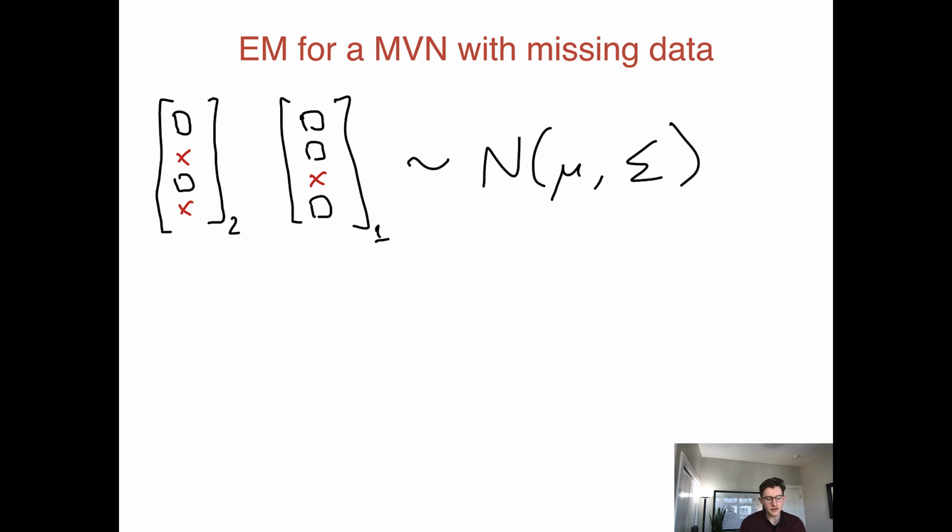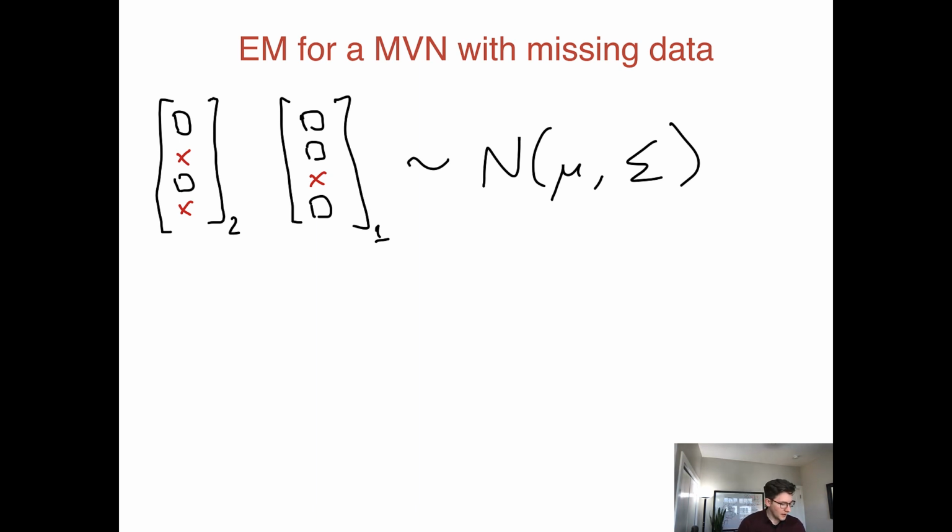And then in this example number 1, where the third entry is missing, we can use that correlation and say, okay, feature 3 is probably identical to number 1, or we can figure out what it is based on number 1. So that's the idea of this learning a multivariate normal with missing data case.